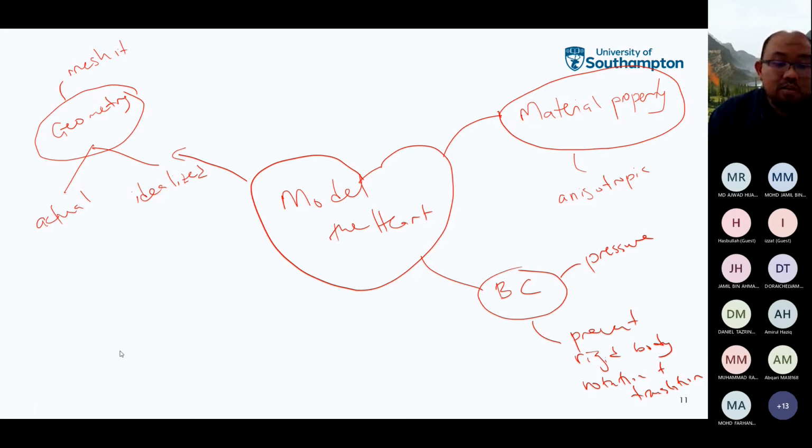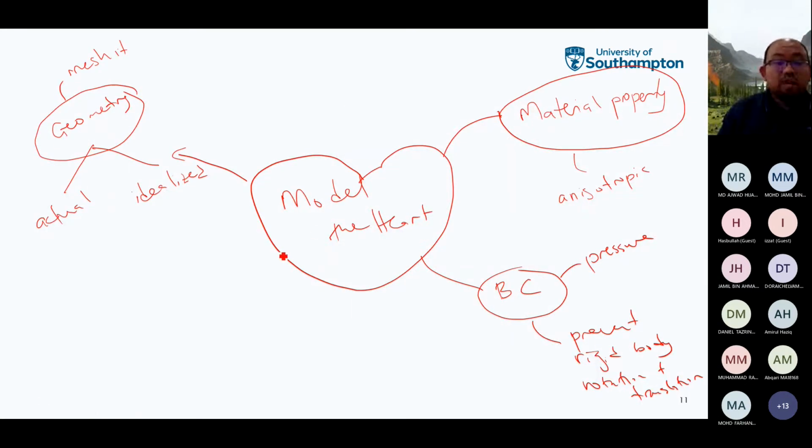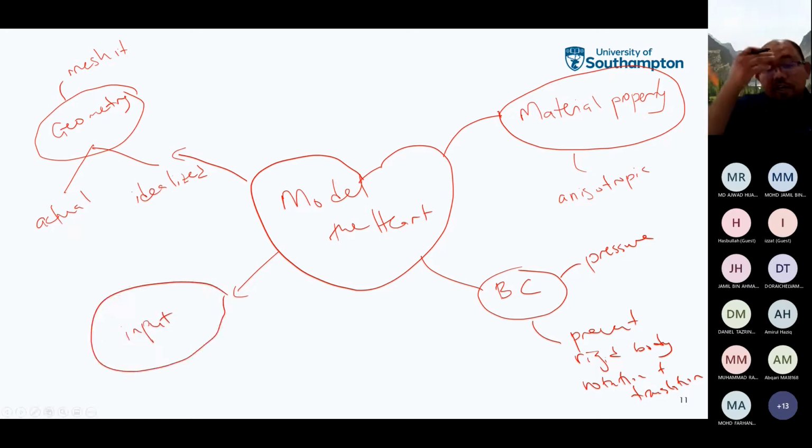Otherwise, you won't be able to solve the model. And lastly, you also need to think of what input you want to give to the model. So how do you want to initiate the contraction? Those are all the considerations that you have to think about first when you start modeling this.